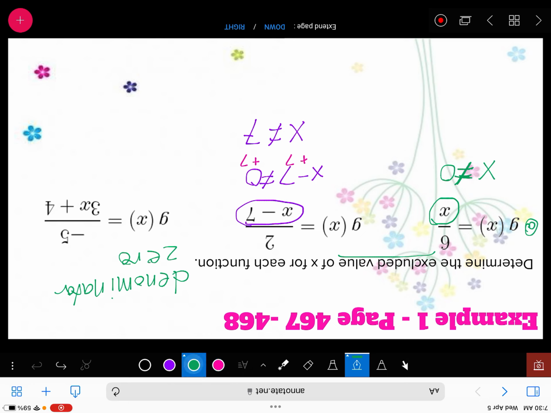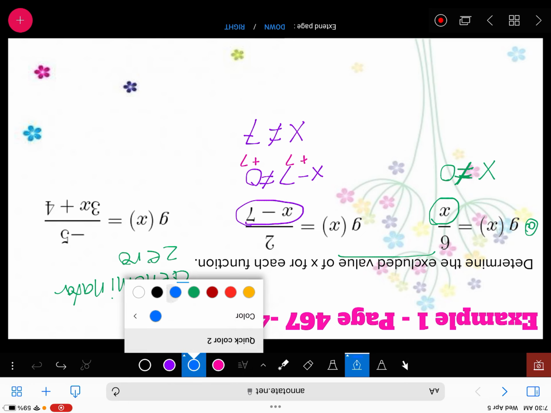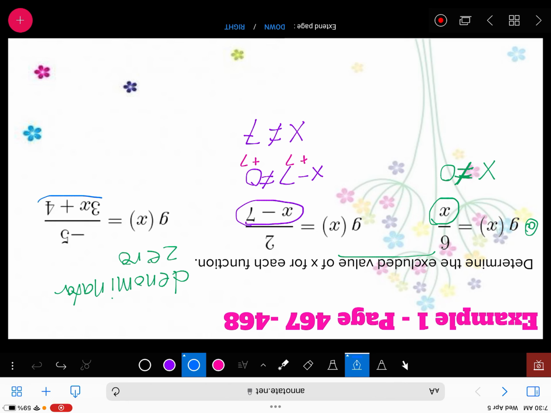Let's do one more of these, because they're going to come back into play. We'll see these a gazillion times. I want to know when this denominator equals 0. And if the equal sign with the slash bothers you, you can set it up as an equal sign. Just remember your meaning.